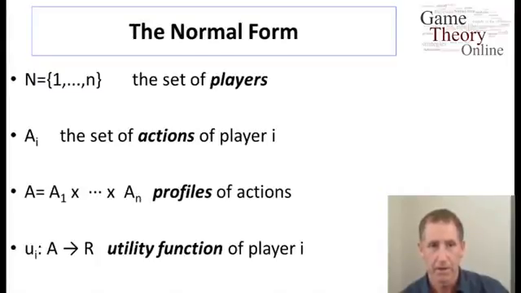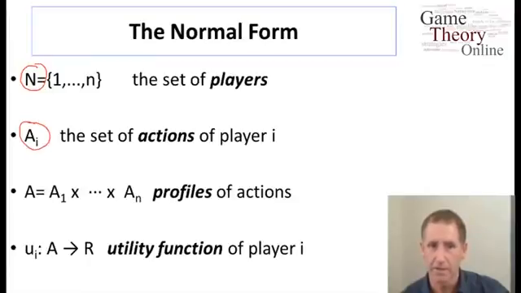So here are the elements of the normal form. First of all, we start with a set of players, consisting of some number of players, which we denote 1 through little n. Each of the players has a set of actions available to it, which we denote by A sub i.